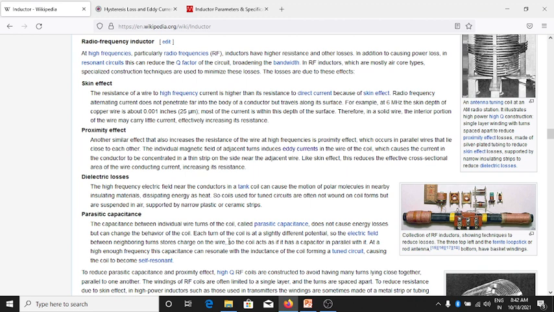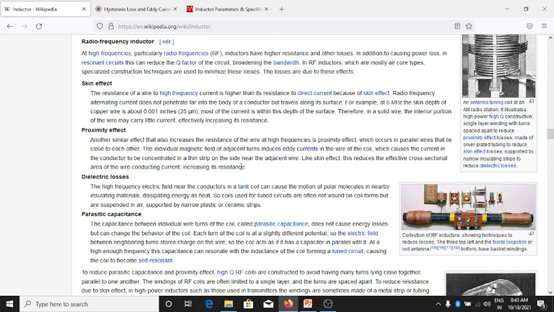The individual magnetic fields of adjacent turns induce eddy currents in the wire of the coil, which cause the current in the conductor to be concentrated in a thin strip on the side near the adjacent wire. Like skin effect, this reduces the effective cross-sectional area of the wire conducting current, increasing its resistance. Clear?